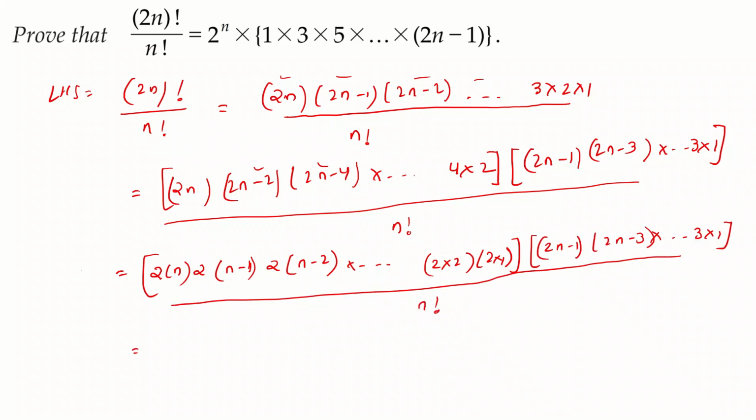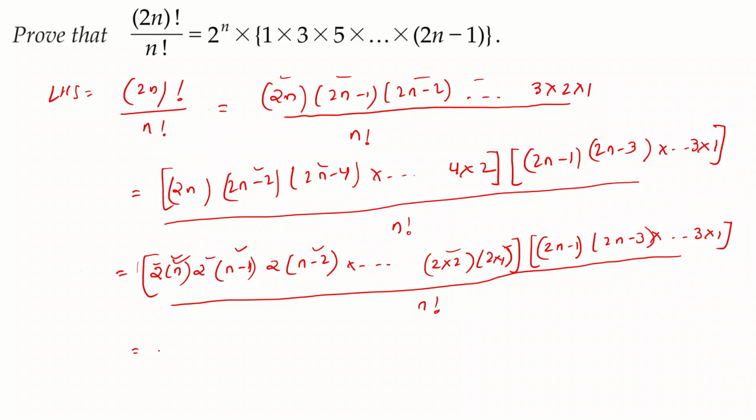Now how many terms are there in all in the first bracket? It is like n, n minus 1, n minus 2 all the way up to 2, 1. So there are n terms. If you start counting backwards, it's from 1, 2, 3 and so on up to n. So as many n's are there, as many 2's are also there, because we have taken 2 common from each term.